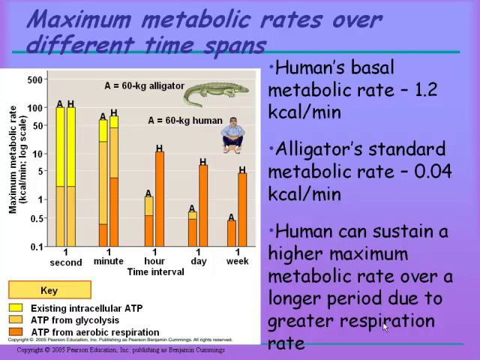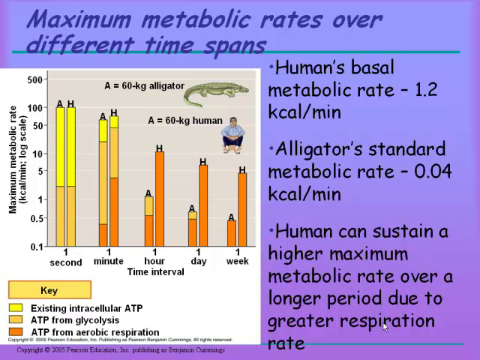Their standard metabolic rate is 0.04 kilocalories per minute, so much lower. So humans, since they have a higher metabolic rate, can sustain a higher maximum metabolic rate over a longer period of time because we have a greater respiration rate. So endotherms have a greater respiration rate.